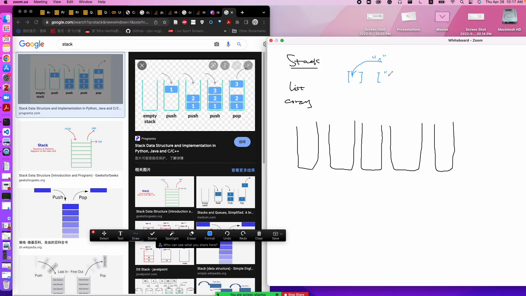So that list becomes a list of length 1, which contains a character called A. So this A becomes the first item, or the end of this stack, and then we can use the function append.